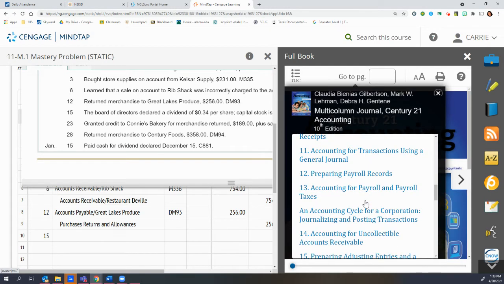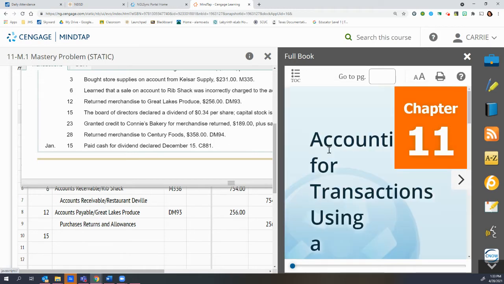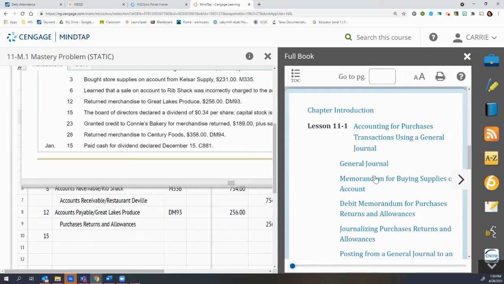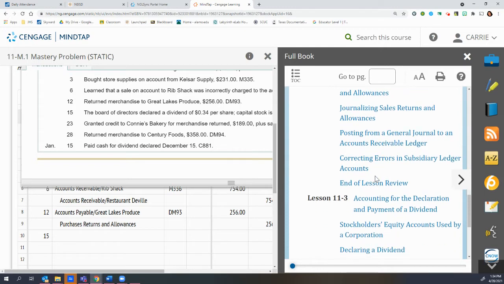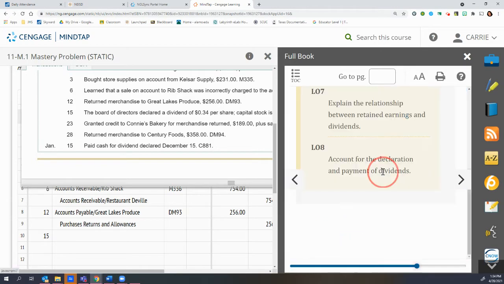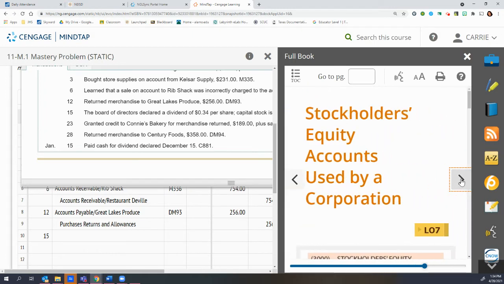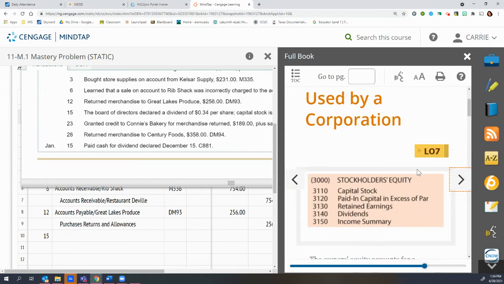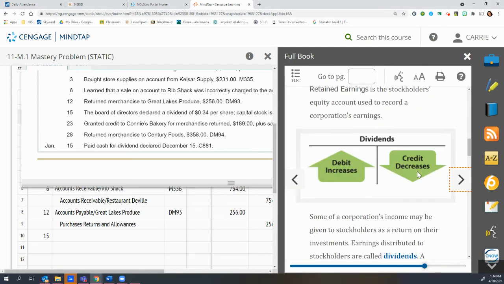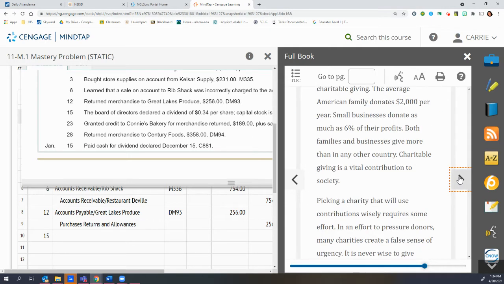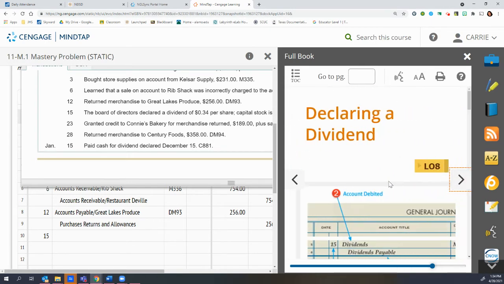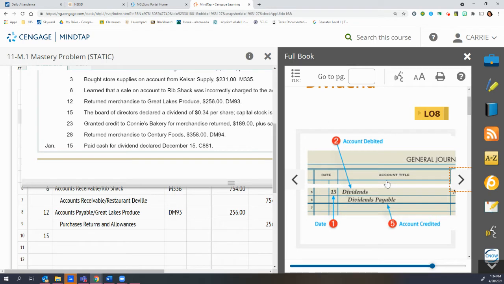Let's see. It should be, oh, dividends payable. Why was I thinking it was retained earnings? I don't know.